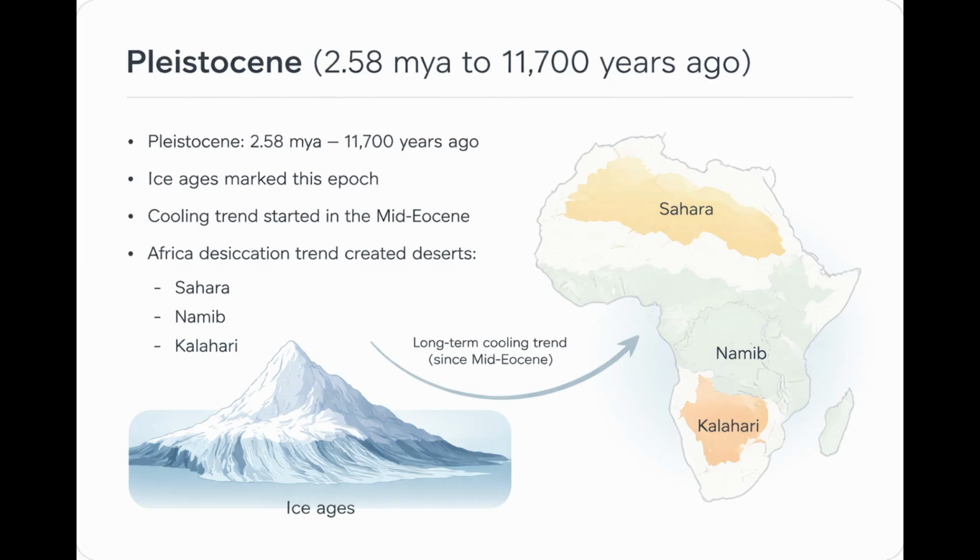It's marked by ice ages tied to a broader cooling trend that the source says began back in the mid-Eocene. The material also points out major regional climate impacts, especially in Africa, where increasing dryness or desiccation contributed to the formation and expansion of major deserts, the Sahara, the Namib, and the Kalahari.